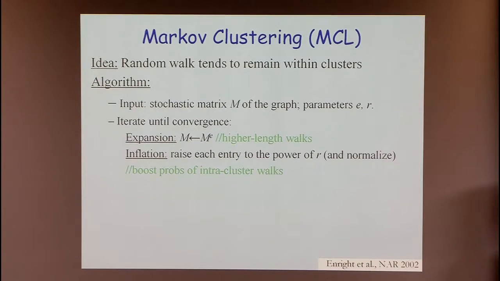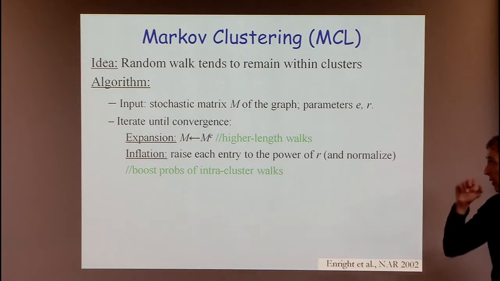Let's think about it as power 2, which means if you started with the adjacency matrix, then M to the power of 2 is simply looking at walks of length 2 in the graph. And if you now raise it again to the power 2, you're looking at walks of length 4, etc.